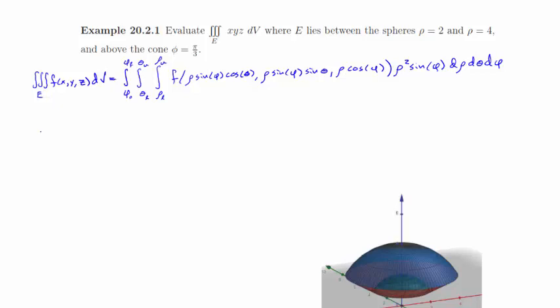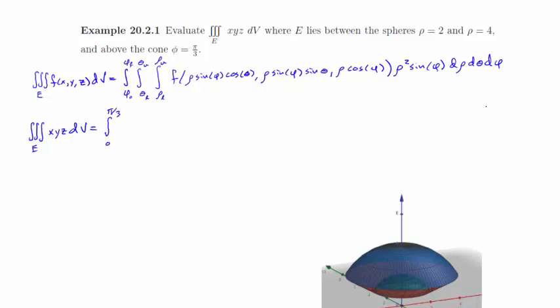So our specific integral, the integral over the region E of x, y, z dV, has a lower phi bound of 0 and an upper phi bound of pi over 3. And that comes from how spherical coordinates work.